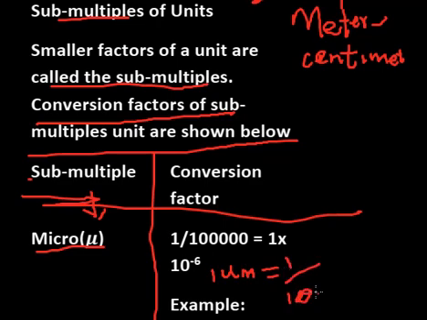That's 1 over 1,000,000, where the zero is 6 times, or I multiply that 1 by 10 to the power minus 6. 1 divided by 1 million is the same as 1 times 10 to the power minus 6. So please take note of that.